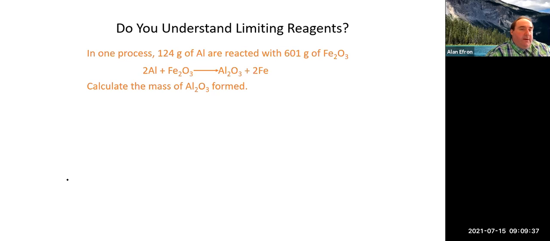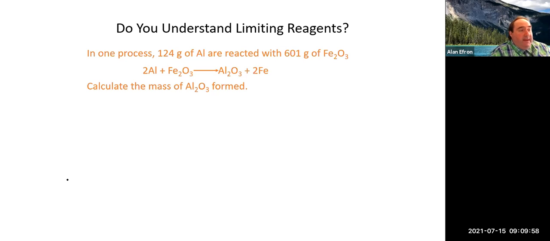Just up front, I'll say that typically in limiting reagent problems, there are two very common methods that people have been taught. One method is that you do two separate calculations, one with each reactant, and figure out how much product each one would make.